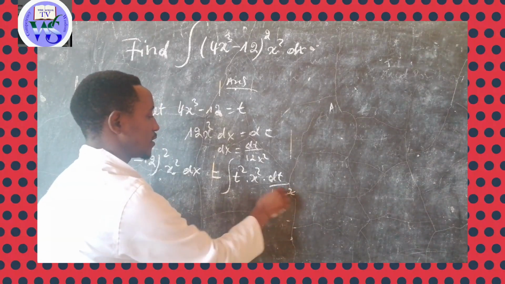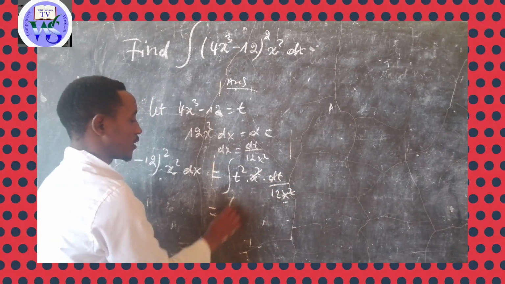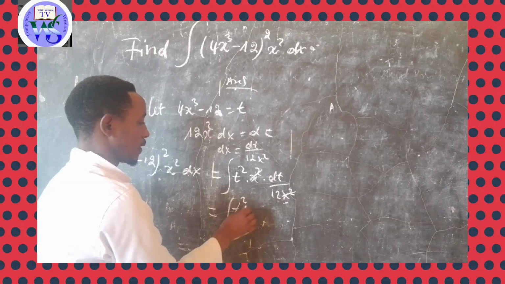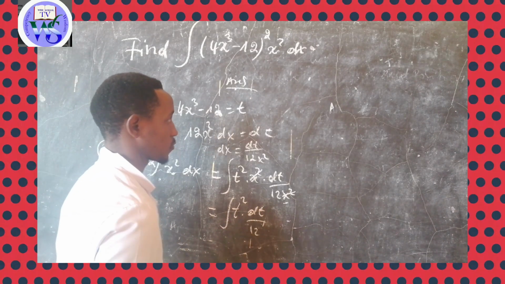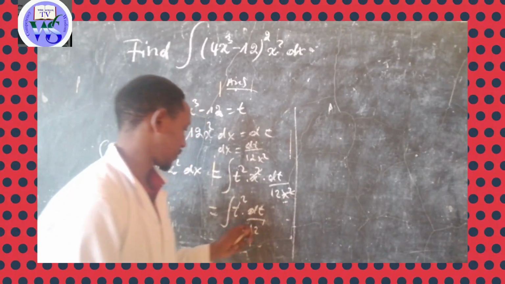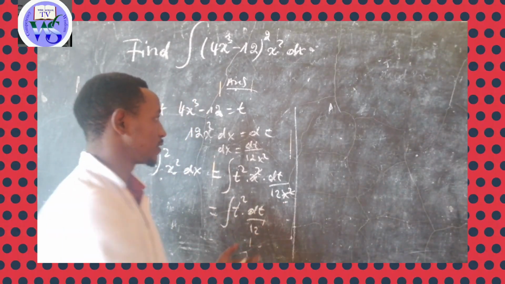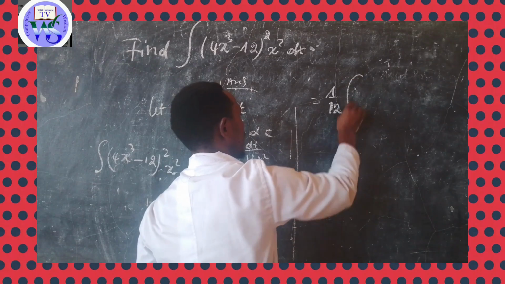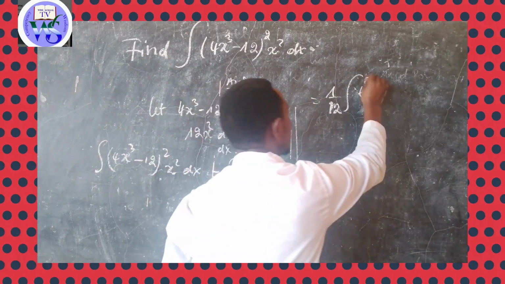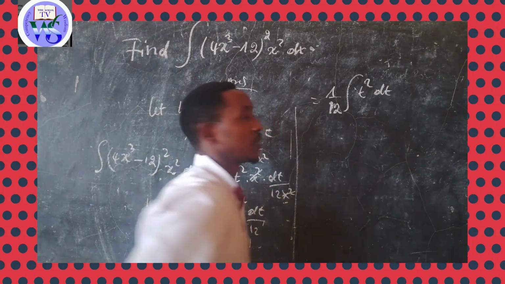So we simplify this and that. This is equal to the integral of t^2 times dt over 12. So this is the same as 1 over 12 times the integral of t^2 dt.